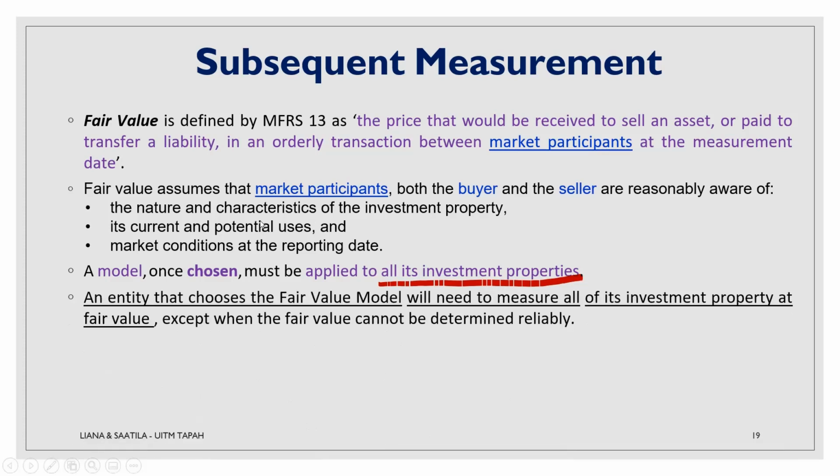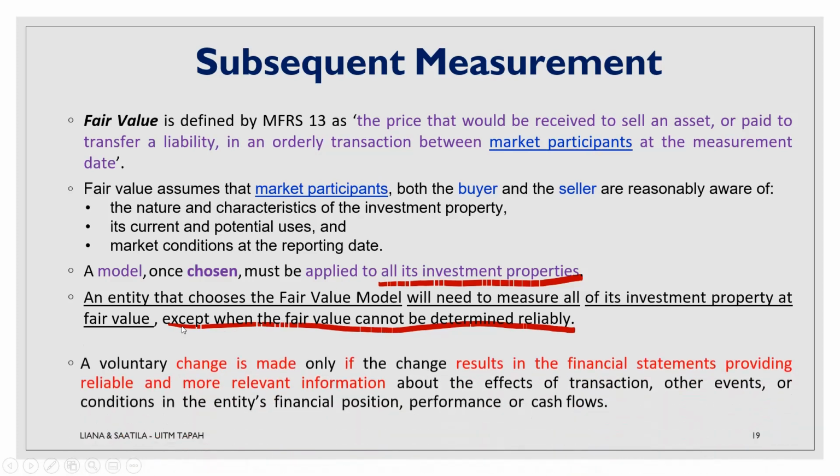Next, an entity that chooses the fair value model will need to measure or remeasure all of its investment property at fair value, except when the fair value cannot be determined reliably. And that fact must be disclosed, including why the fair value cannot be determined reliably.